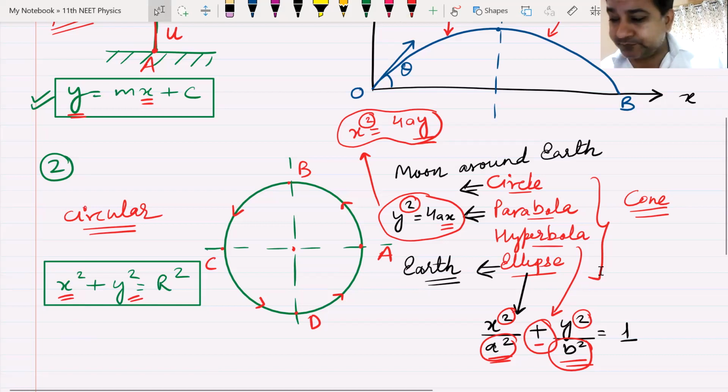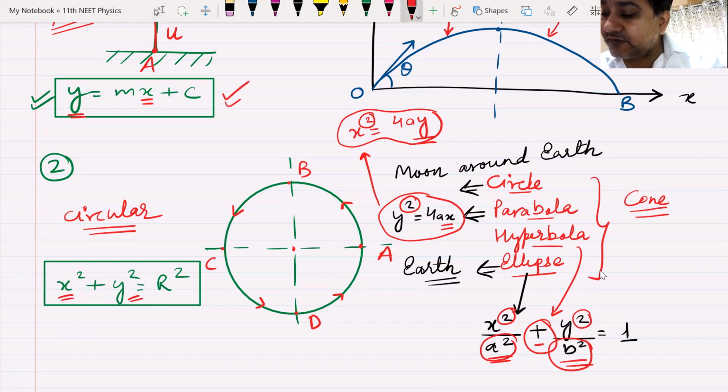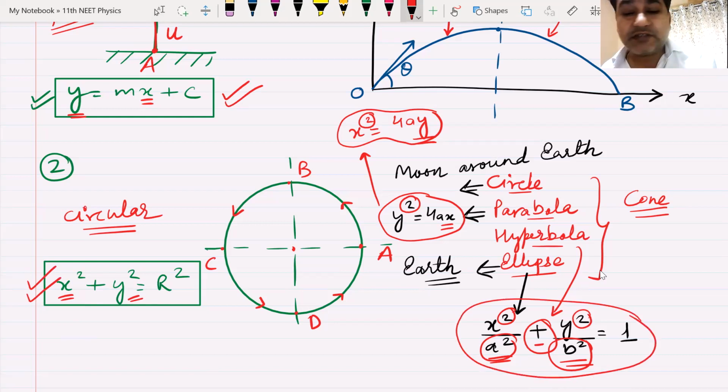So basically, you look at the equation of a straight line, which is here, or the equation of a circle, which is here, or the equation of a parabola and ellipse, which is here, or the equation of projectile parabola, which is here.